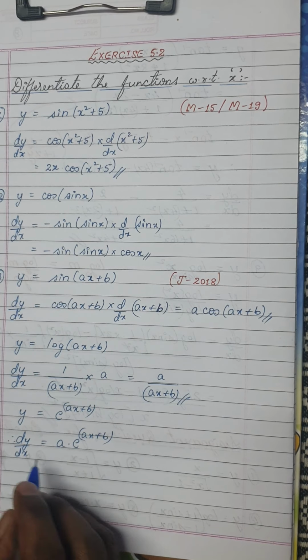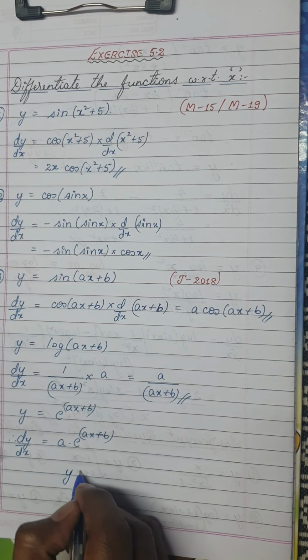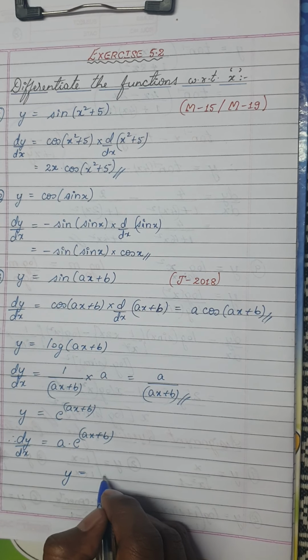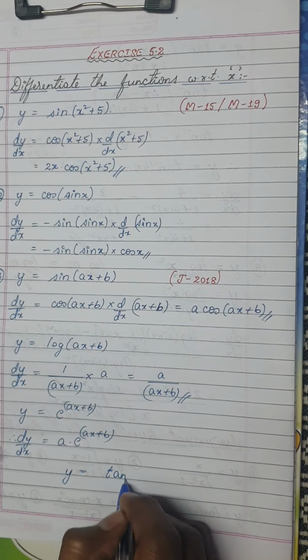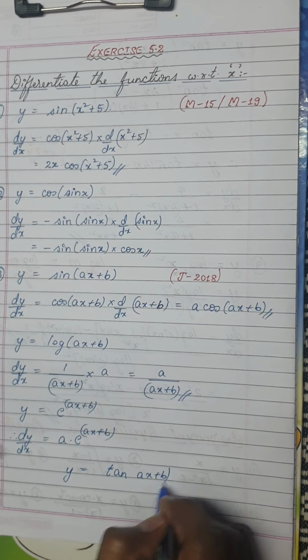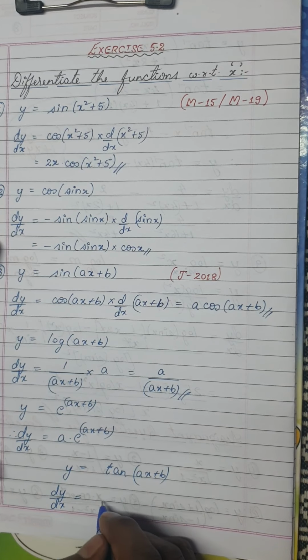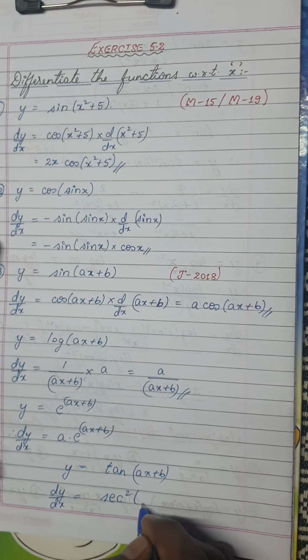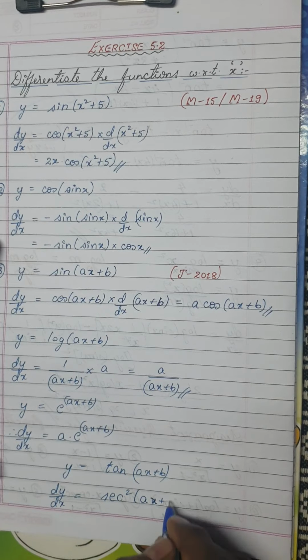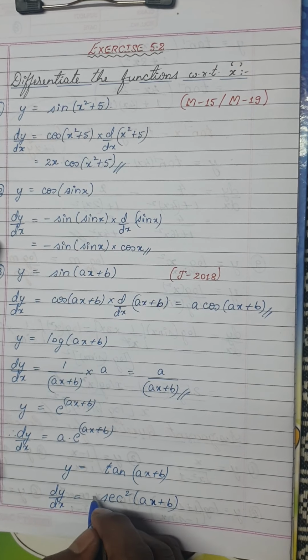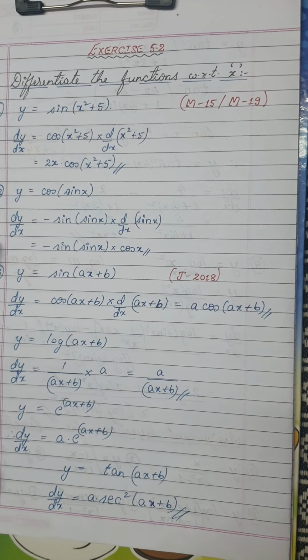In case you may think of y is equal to, let me say, tan of ax plus b, then dy by dx is derivative of tan, which is secant square, with ax plus b as it is. Remember, derivative of ax plus b is just a, so multiply a.